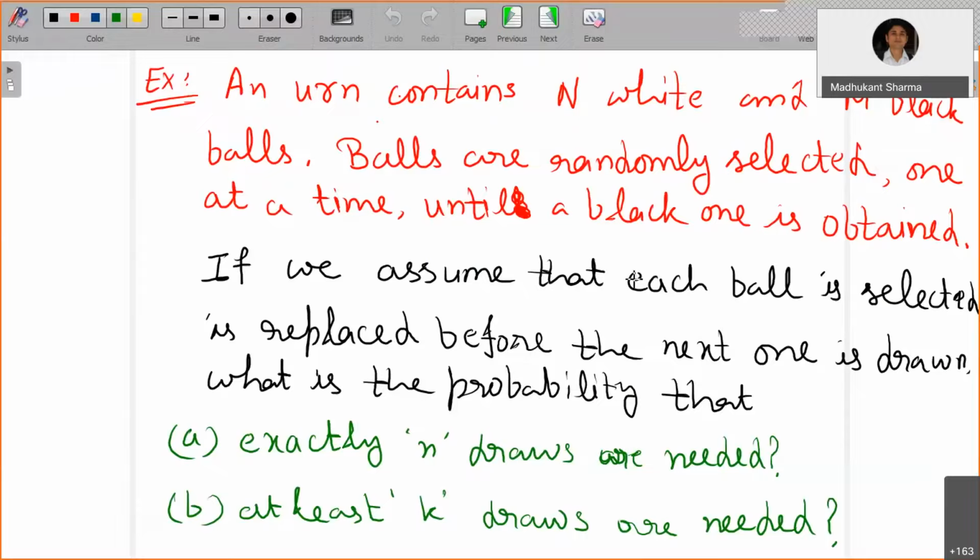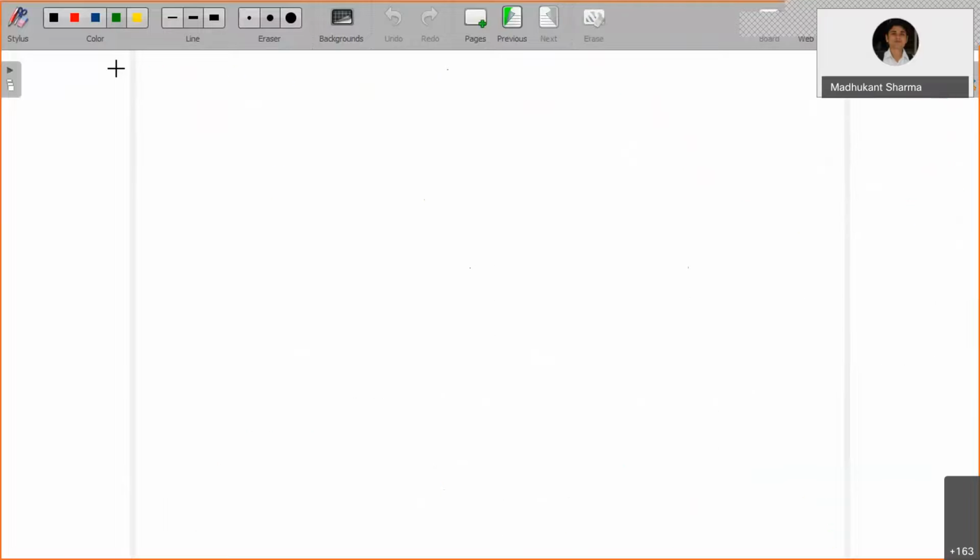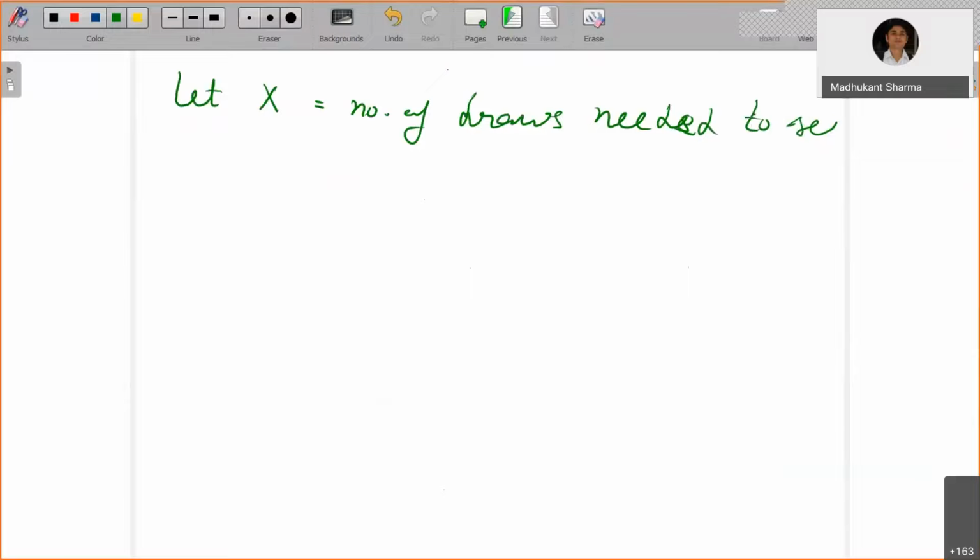If it is black, you have succeeded. Otherwise, you put it back and draw again, and you keep doing this until you get the black ball. So let x denote the number of draws needed to select a black ball.